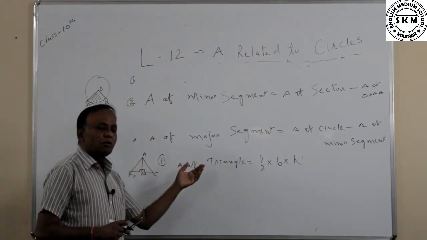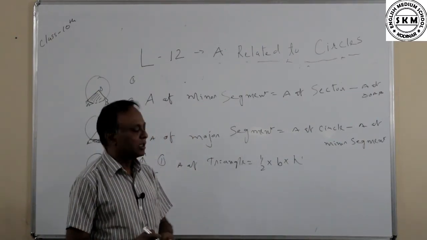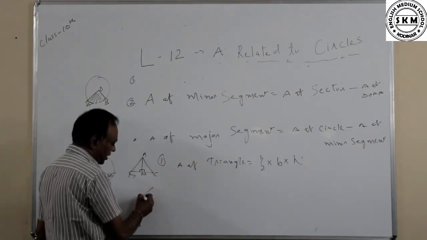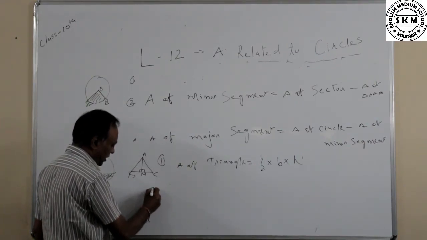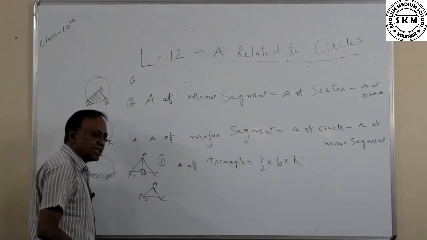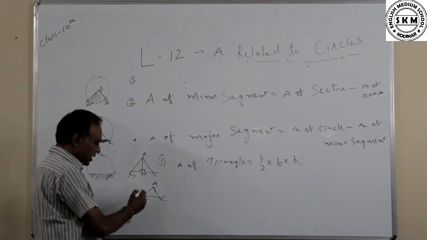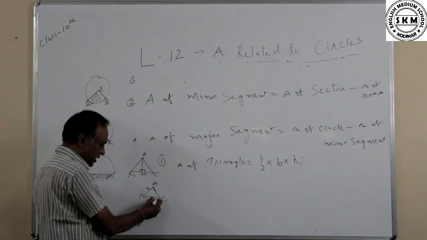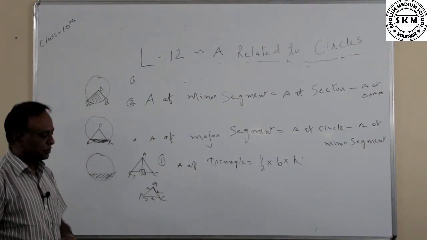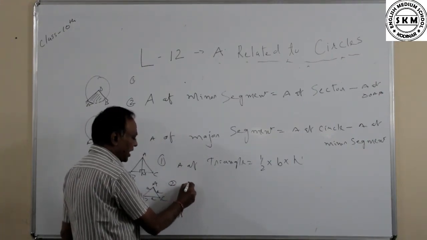That is the first formula. Now the second formula: if it is an equilateral triangle ABC, all sides are equal, it is called an equilateral triangle. Suppose the length of each side is a. Now we want to find the area of the equilateral triangle.